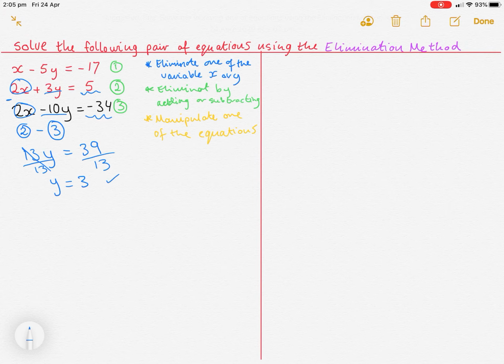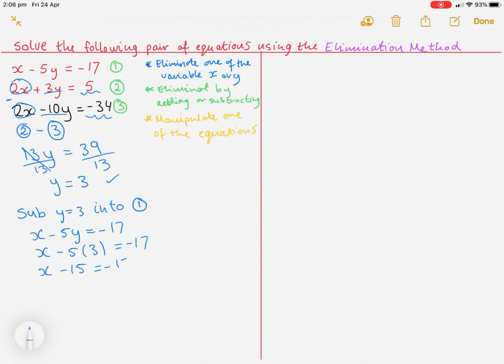Now to find out x, you need to sub y equals 3 into any one of those equations that you've got up here. I'm going to sub it into the first one, but whichever one you sub it into, it's going to be the same. So my first equation, which is x minus 5y equals negative 17, we need to sub in y equals 3. Whenever there's a y, we go x minus 5, put a 3 here, equals negative 17, and we just solve for x, so minus 15.